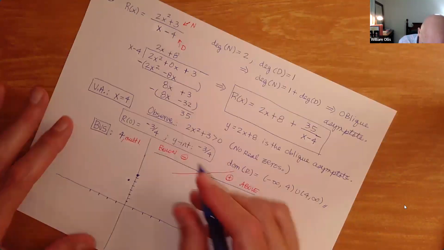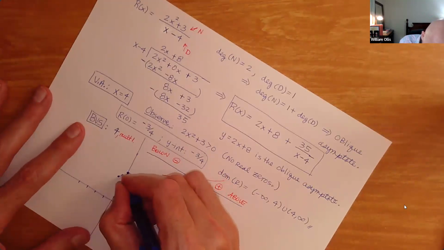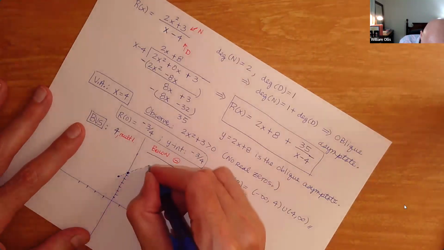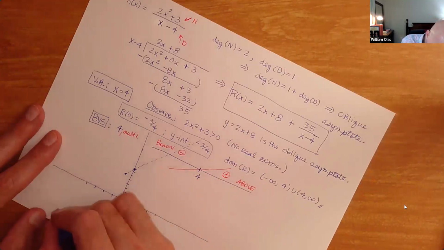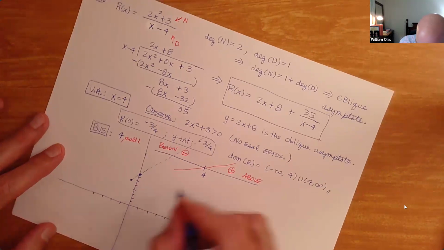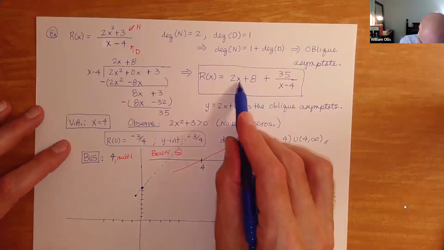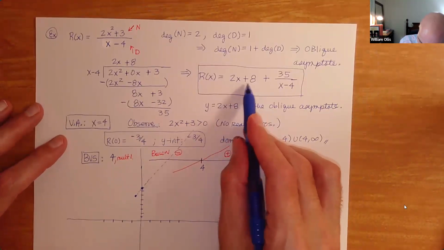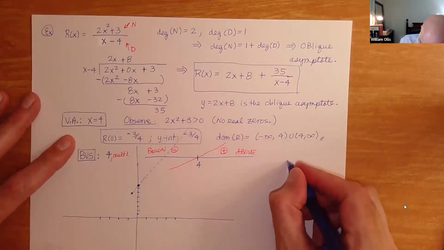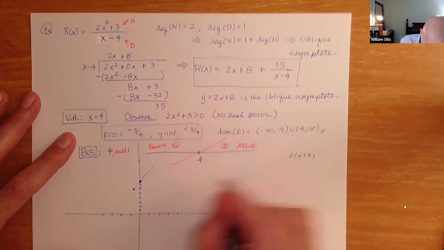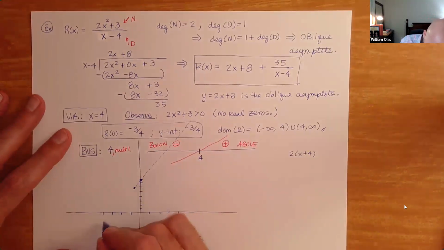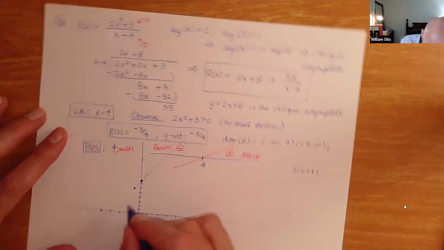So let's go ahead and dot this in. Of course, we go into the work, but that's okay. That's what happens when you do these types of calculations. Then, of course, when we set this to 0, just say this is 2 times x plus 4. So we get a -4. So I'll try to draw it so it looks pretty good.